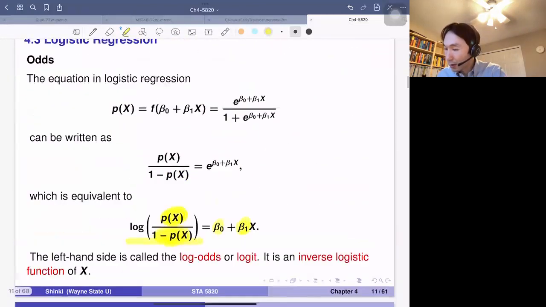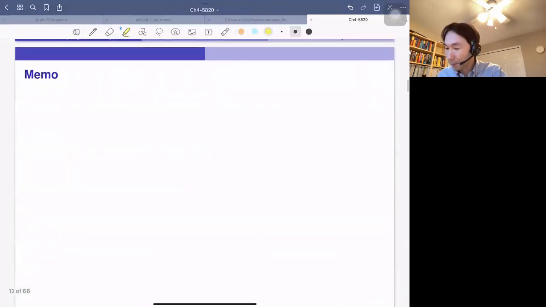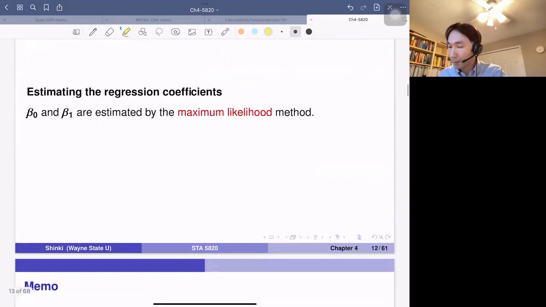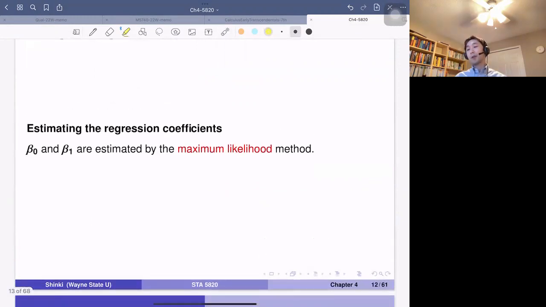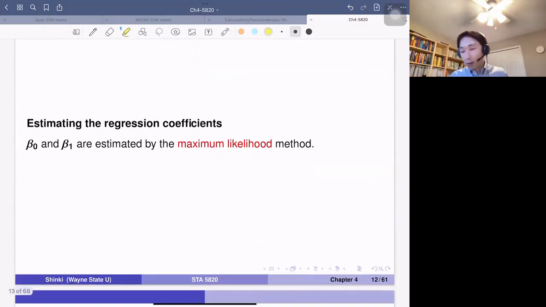Yeah, so that is what we studied last time: estimating the regression coefficients. So remember, what's the way to estimate the coefficients in a linear model?